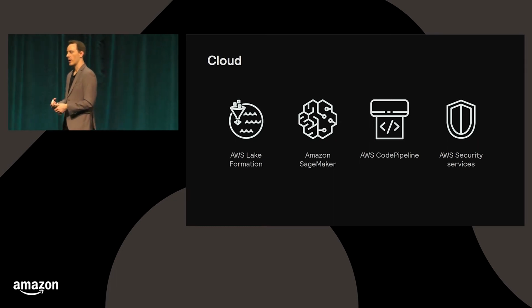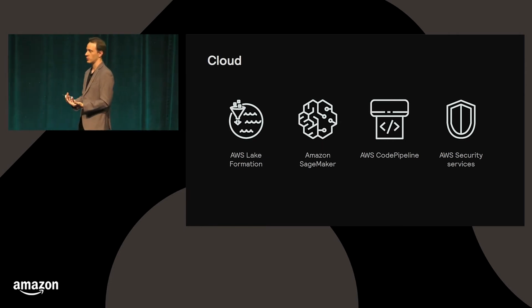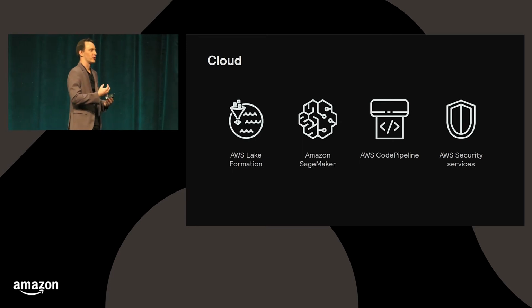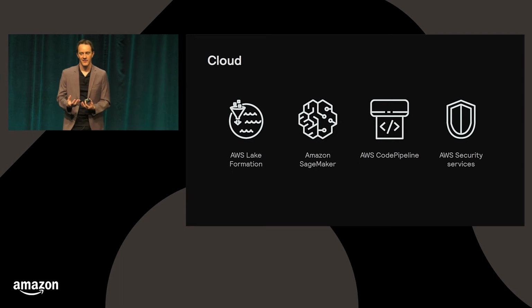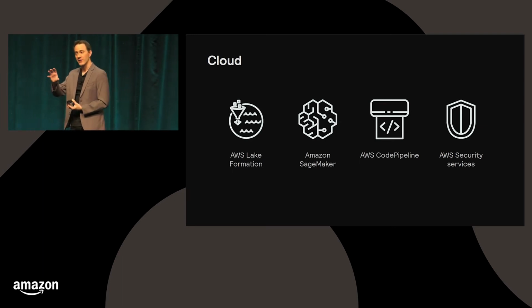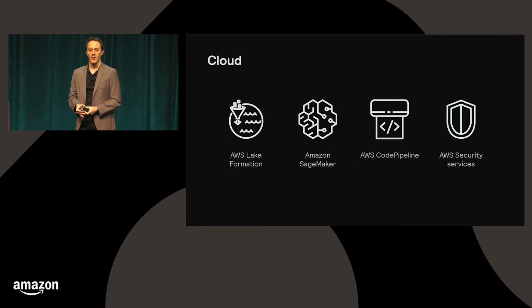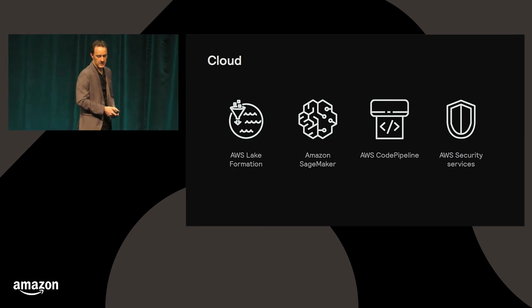You could use CodePipeline and CodeCommit to create the release pipelines and version control code and parameters. You could use AWS security services to encrypt data, to control user access and identification, to control the configuration of the AWS resources. But there's a lot of room here for discussion on different kinds of services.